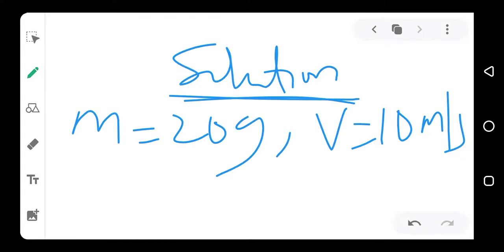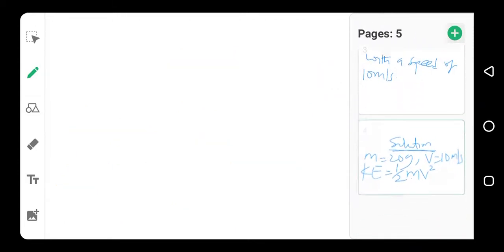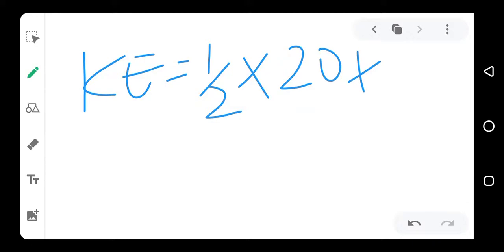Now we use the formula for kinetic energy. Kinetic energy, Ke, is equal to half mv squared. Now we know our mass as 20 gram and we know our velocity as 10 meter per second. Now we put everything together. We have that Ke is equal to half times 20 times velocity, which is 10 raised to power 2.